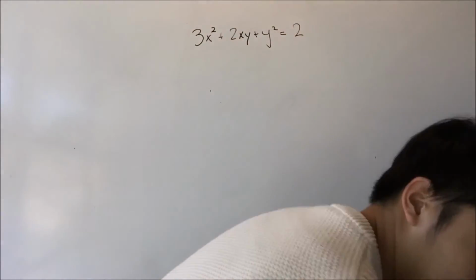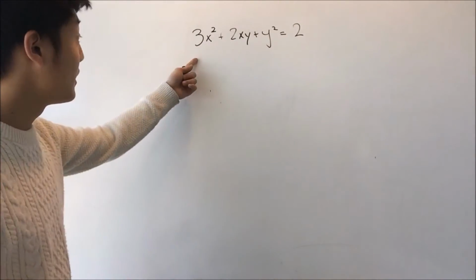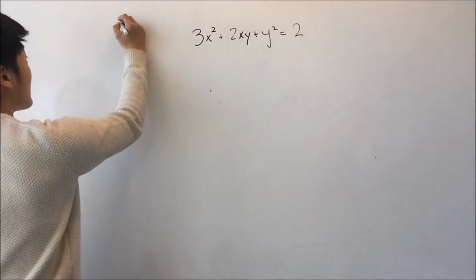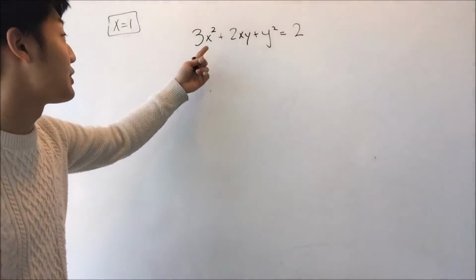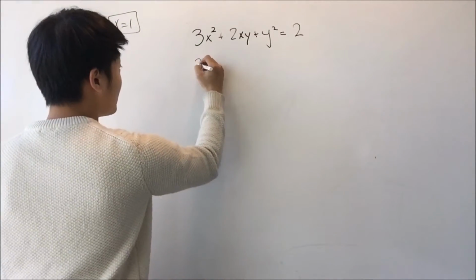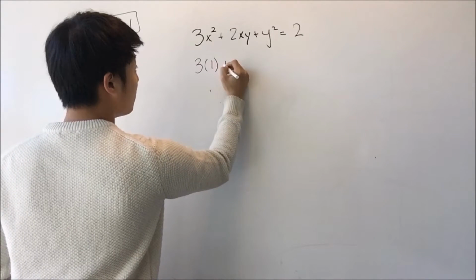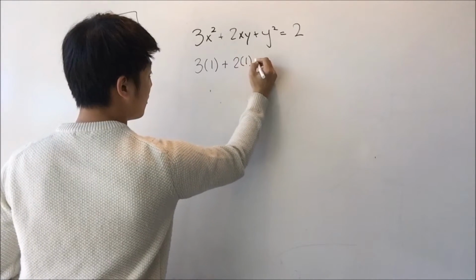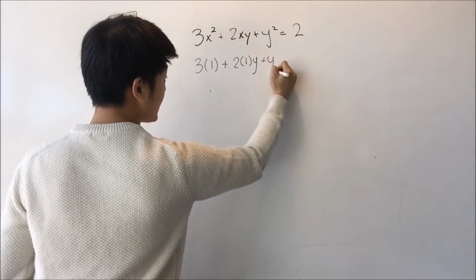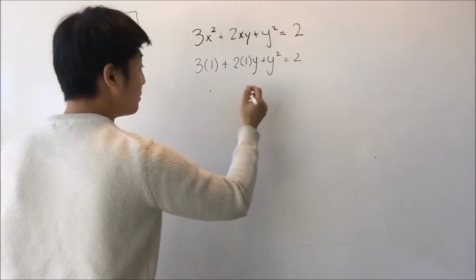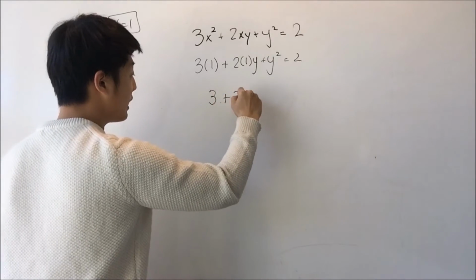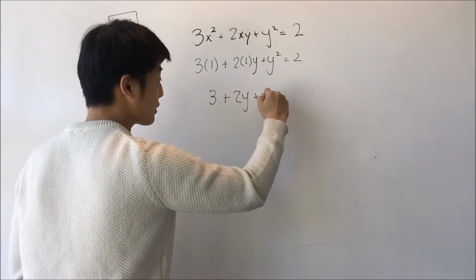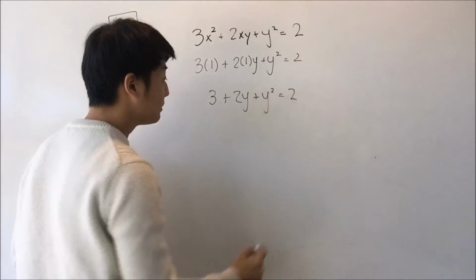So, first, because the given is x equals 1, let's find the y value. So when we plug in x here, it will be 1 plus 2y plus y squared equals 2. And this will be 3 plus 2y plus y squared equals 2.